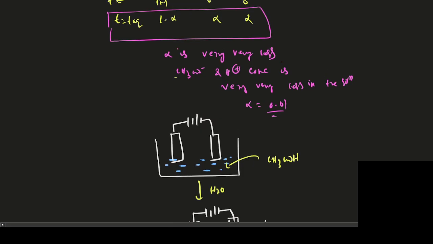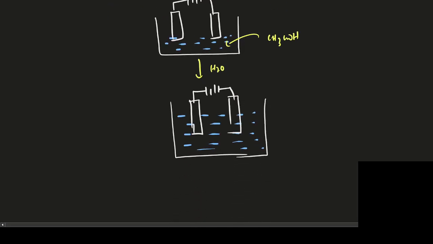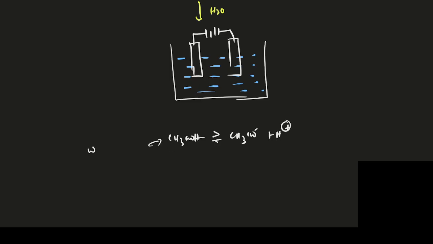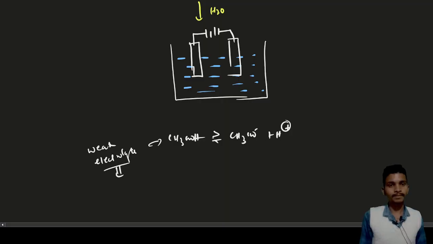Due to the addition of water, CH3COOH dissociates into CH3COO minus plus H plus, and this is a weak electrolyte. Weak electrolyte means the current flow, the amount of electrons, is very low.